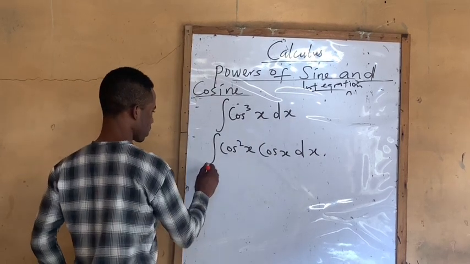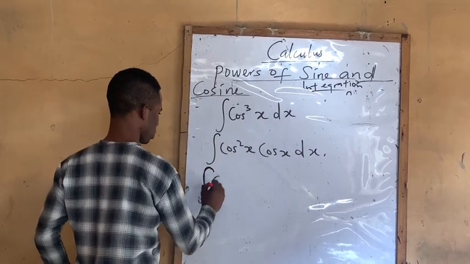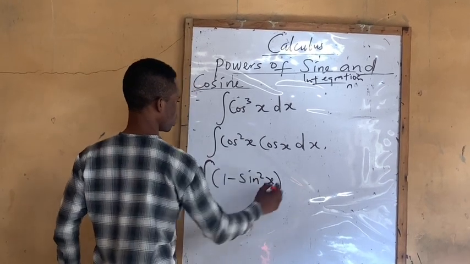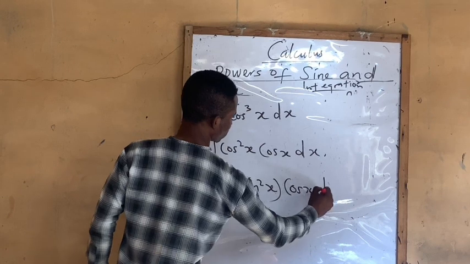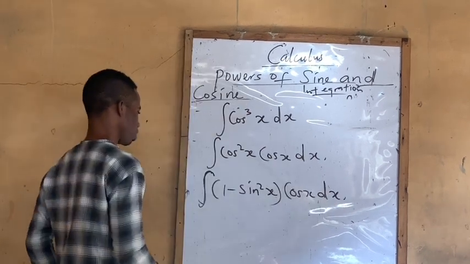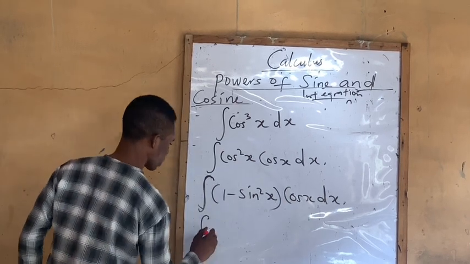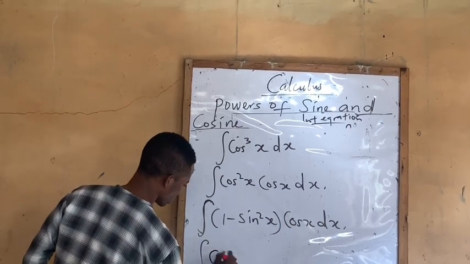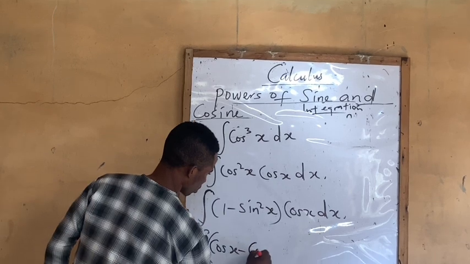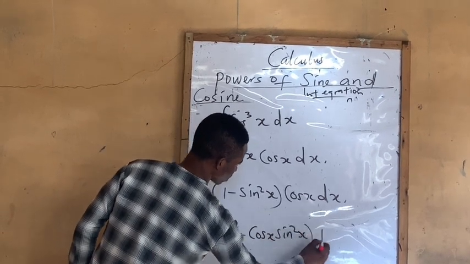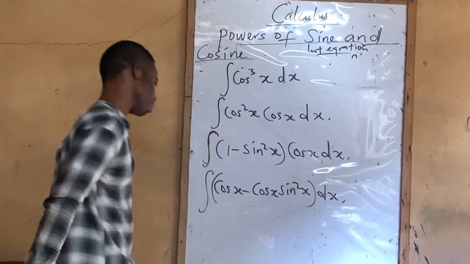And you know cos square x is 1 minus sine square x, times cos x dx. So we use cos x to open the bracket. Cos x comes out like this: cos x minus cos x sine square x dx.